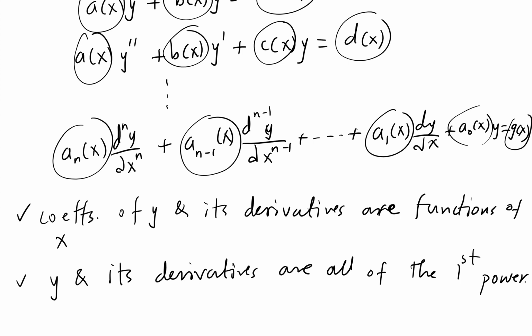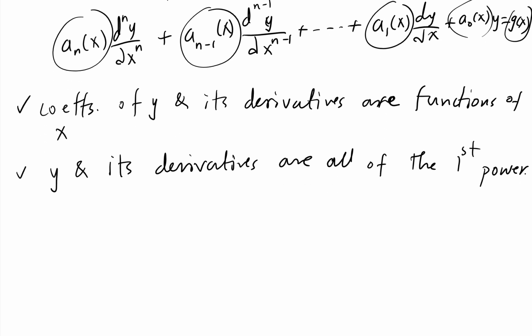So let's say we have an equation in the form of, as example 1, y double prime plus e^x y prime plus y equals sine x. Is this linear? Well, look at the coefficients in the front.